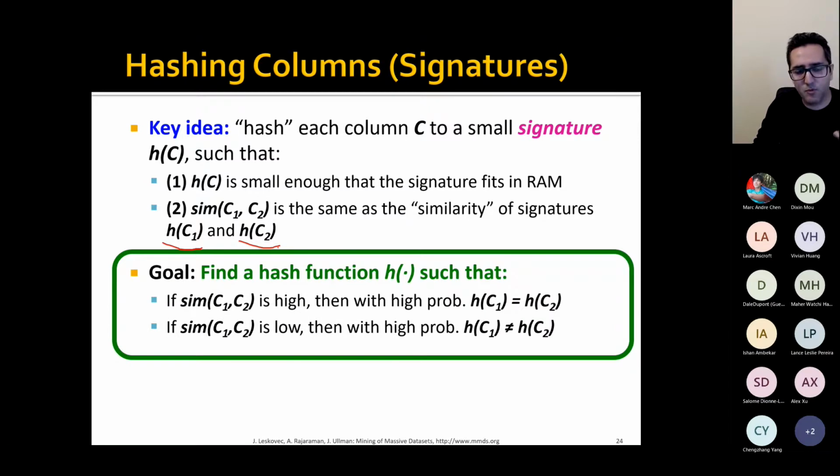If we want to be more precise, what we mean is that if the similarity of C1 and C2 is high, then with high probability we want their hashes to be the same. And if the similarity is low, then with high probability we want their hashes to be different. Not certainly, but with high probability.